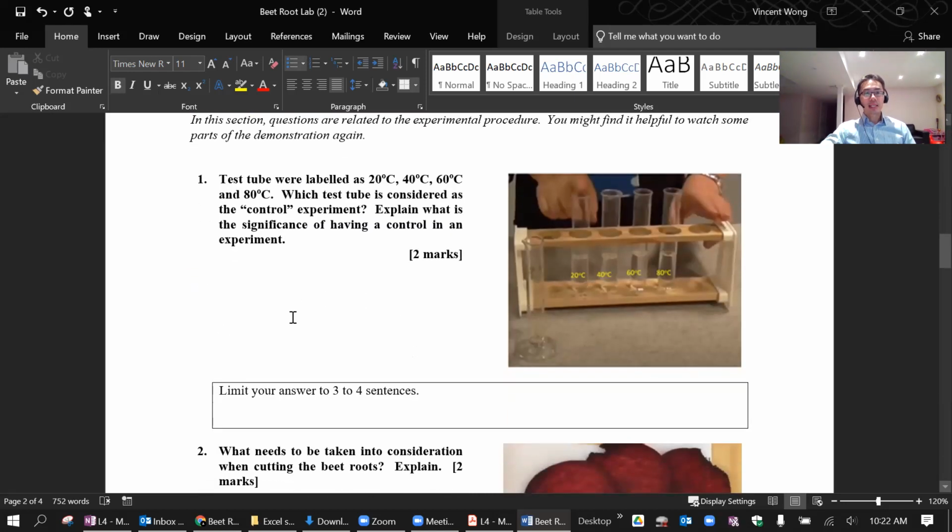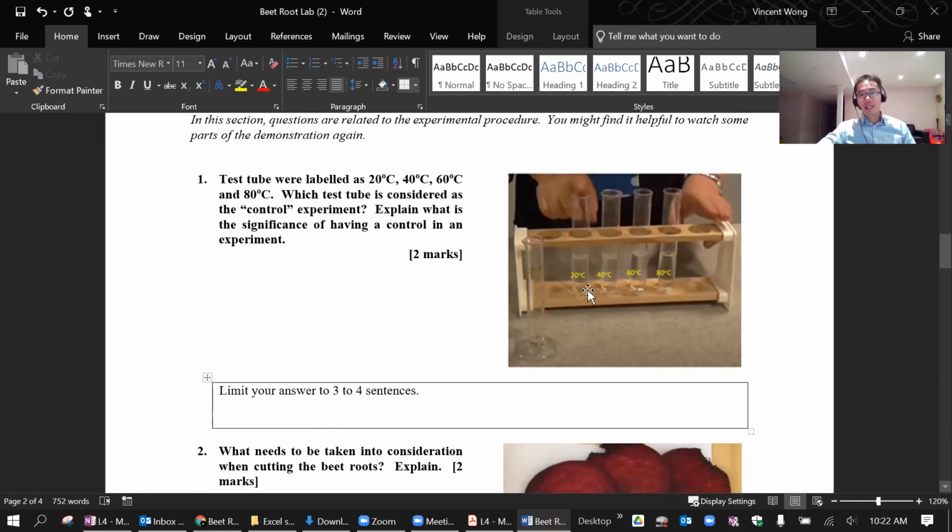Okay, this question is another one that people get confused. Again, limit your answer to 3 or 4 sentences, right? So don't go on and on. Just answer the question and be done with it. So here there are 2 questions. Number 1, which test tube is considered as the control of the experiment? So you would tell me by saying the control of this experiment is, there are only 4 test tubes here.